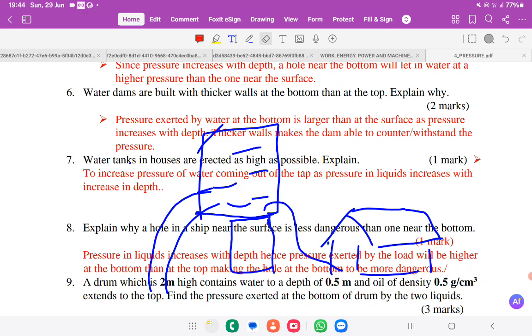So the idea is just to increase pressure. You have a tap here, so this height is very important. The bigger the value of this height, the greater would be the pressure. So water will flow into the house through the taps with high pressure. So it's just to increase pressure.